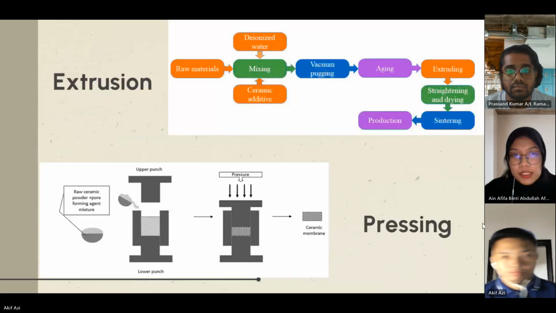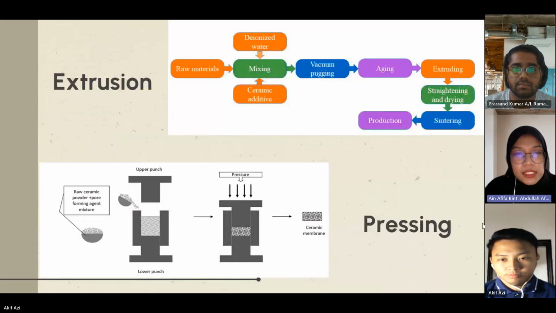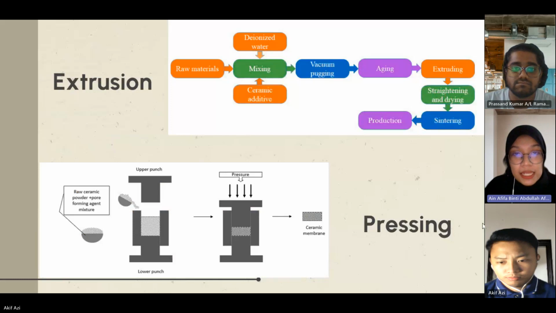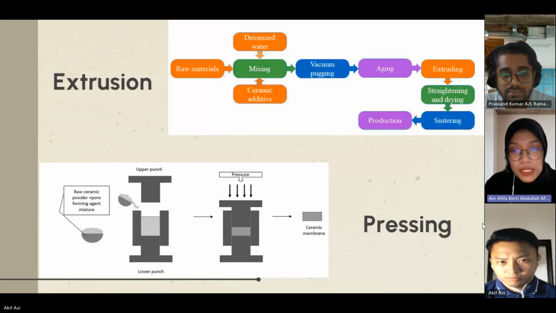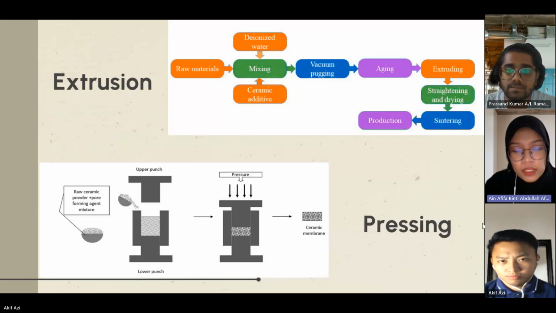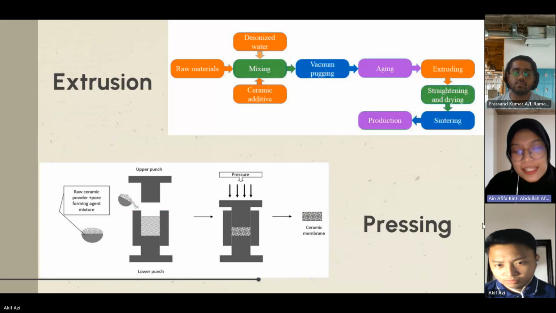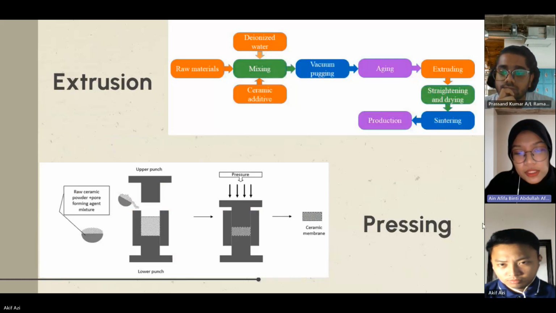Next, the first forming process is the extrusion method. Powder, plasticizers, binders, and other ceramic additives are mixed, stirred, and then subjected to a number of processes like vacuum pugging and aging before being forced through a die nozzle at a pressure of between 20 and 180 MPa to extrude the support into the desired shape.